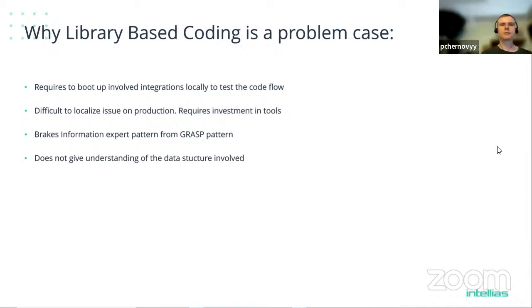So it breaks the information expert pattern from the request pattern. It means that our function knows about stuff that it should not know, right? Because an information expert is supposed to deal with its own behavior and its own state, right? So if we have a module, we have functions only related to some model.